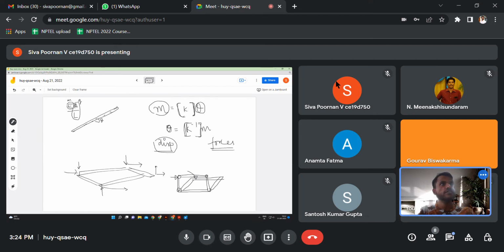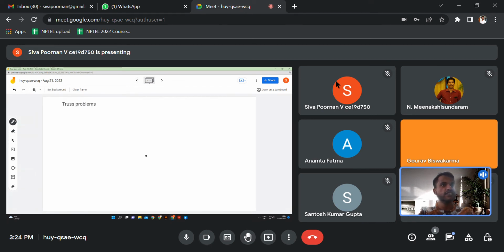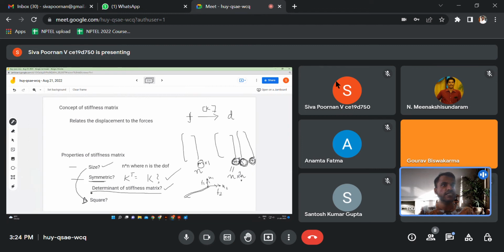Okay, so coming back to the question: the determinant of a stiffness matrix happens to be 0 when we have an unstable structure, which could happen either with a lack of boundary conditions or with an internally unstable structure itself. Right? In that condition, even with the boundary conditions applied, the determinant will still turn out to be 0, because the determinant turning out to be 0 is related to stability and not necessarily to just boundary conditions.